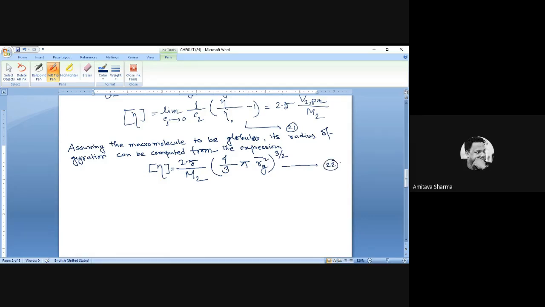So this is about intrinsic viscosity. And one last kind of viscosity is there, that is called inherent viscosity.